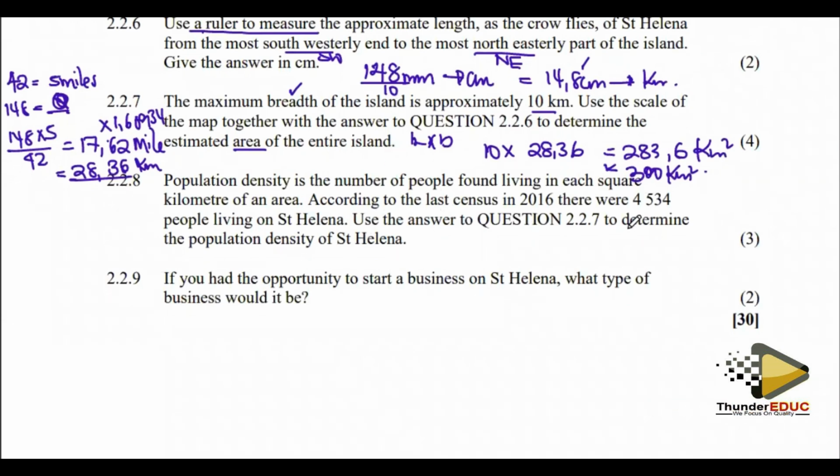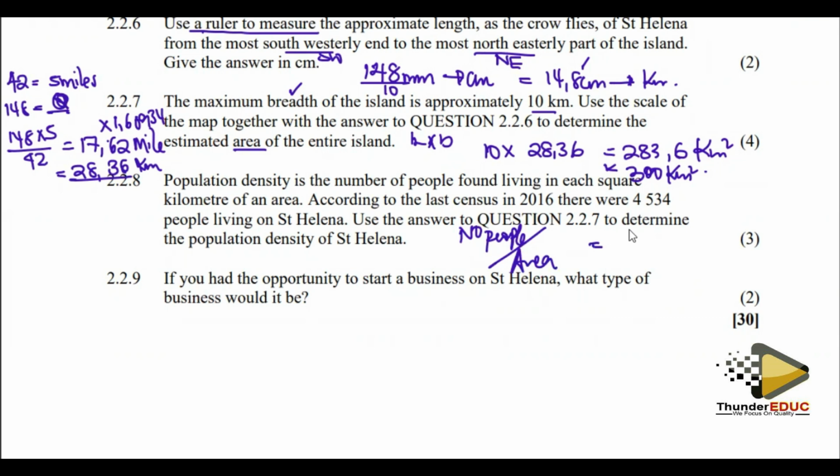Use the answer in 2.2.7. So they are saying determine the population density. The population density is the number of people found living in each square kilometer. So that means I take the number of people divided by the area occupied.